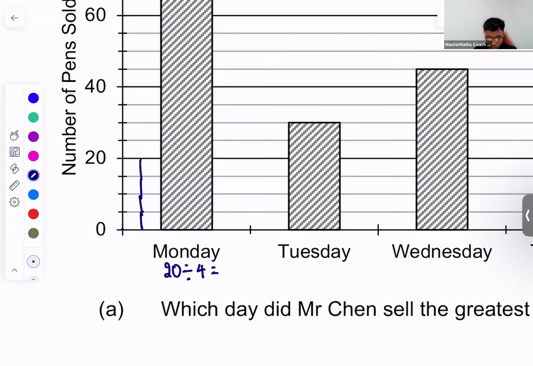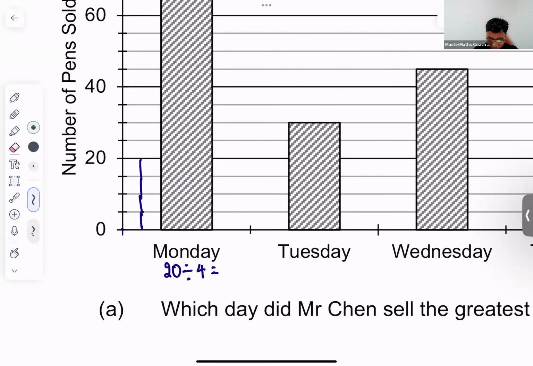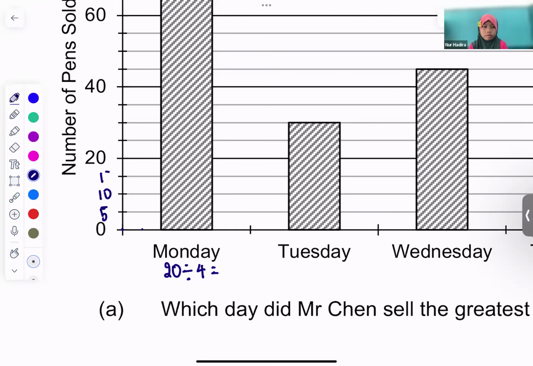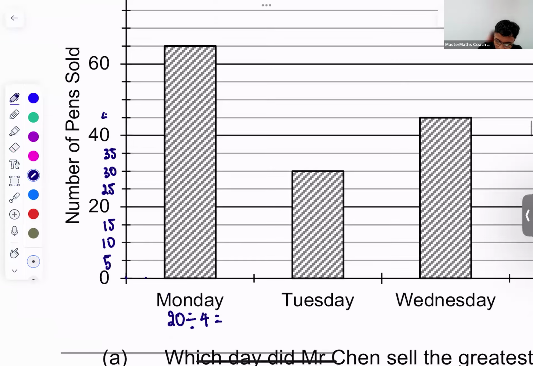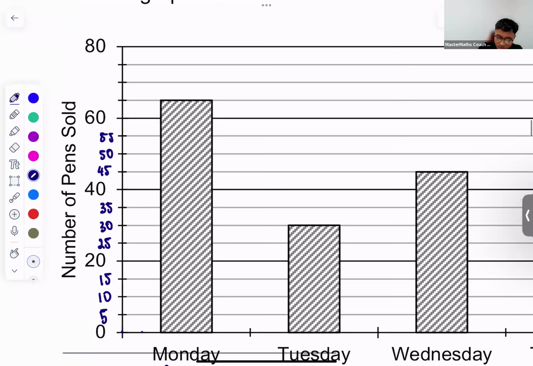We have to do that for our labels also. So here it is 5, 10, 15, 20, 25, 30, 35, 40, 45, 50, 55, 60, 65, 70, 75, 80.